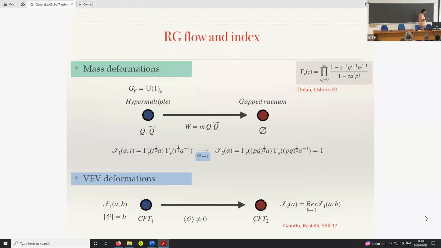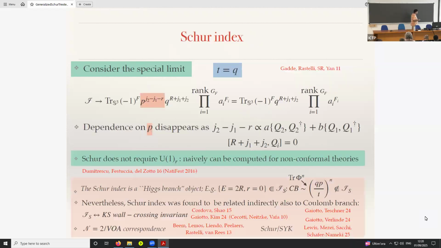In a technical computation, you take a residue and multiply the index by some weird function, which will be like some hypermultiplet with weird charges, which would be exactly something like taking a hypermultiplet and setting this U1 fugacity to something. Any more questions? Okay. So let me consider this Schur index.